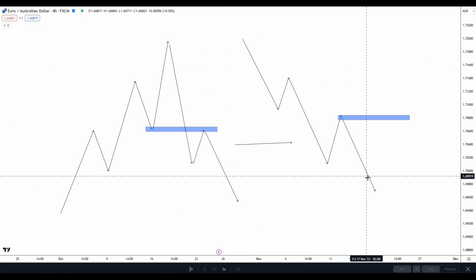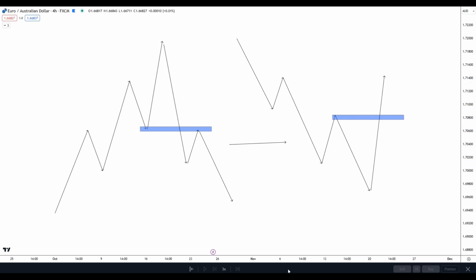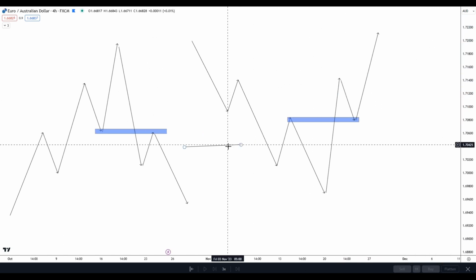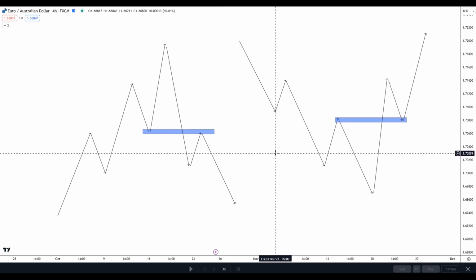Same in this example here on the right hand side, you would be looking for price to break the lower high, retest this, and then push up, okay? So just from a market structure perspective, these are the two examples that we are going to be looking at, but we're going to use the EMA as added confluence and confirmation that the trend is potentially changing, okay?